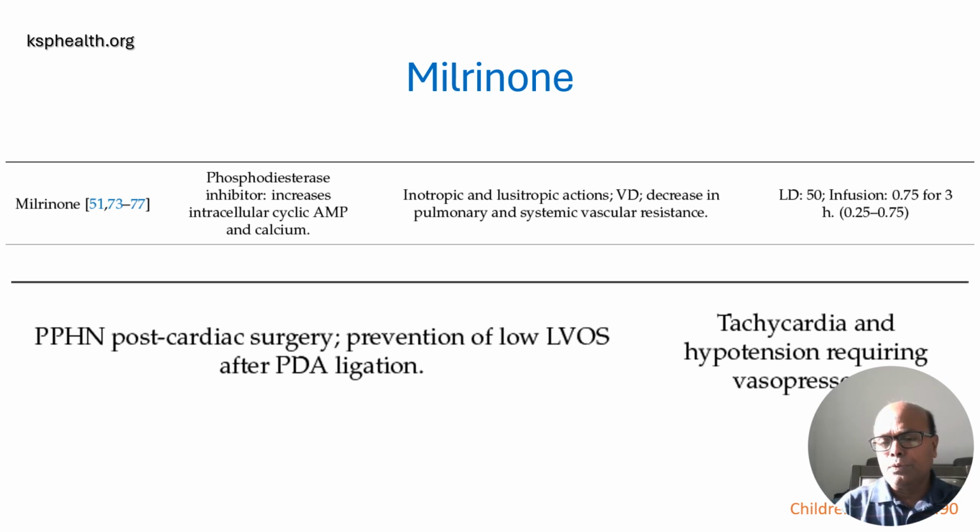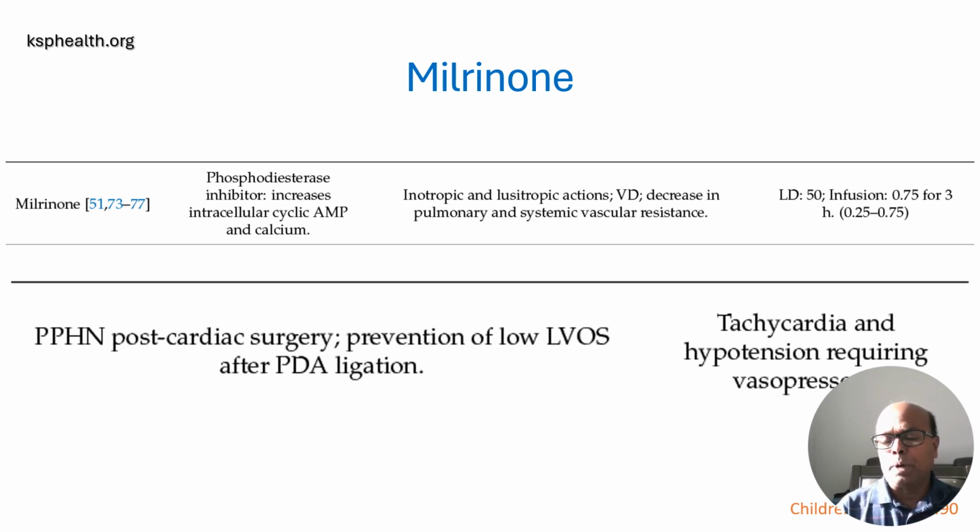Milrinone is a different medication. It is used widely in post-cardiac surgery patients. It acts through phosphodiesterase inhibition. It increases intracellular cyclic AMP. Thus, it causes inotropic action and also lusitropic action. Thereby, it causes relaxation of the ventricle, thus improving the diastolic dysfunction in the heart.